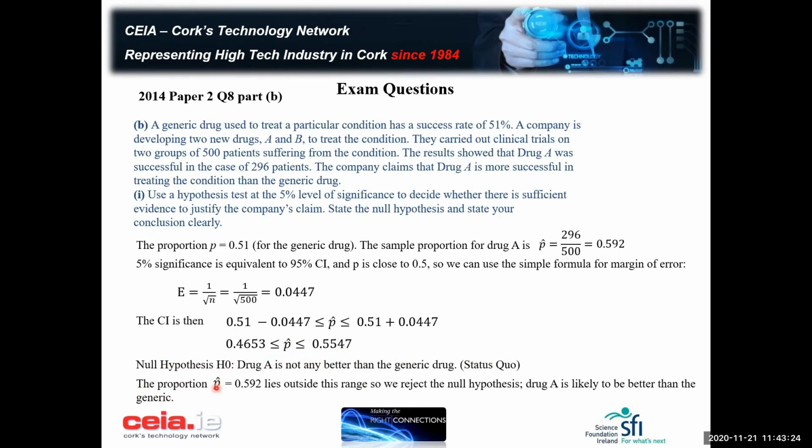However, we find that the measured p hat, 0.592, doesn't lie within this confidence interval. It lies outside the range, so we reject the null hypothesis, and that means that drug A is probably better than the generic drug, supporting the company's claim.